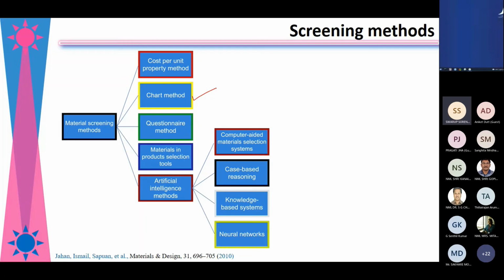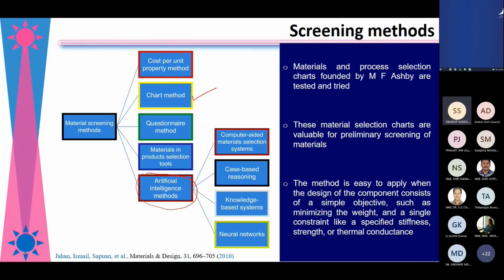Though we do it in softwares, softwares also use similar techniques for screening the materials. So chart methods are there, and now new artificial intelligence methods are available where computational material selection systems are developed. Those things need to be set out.